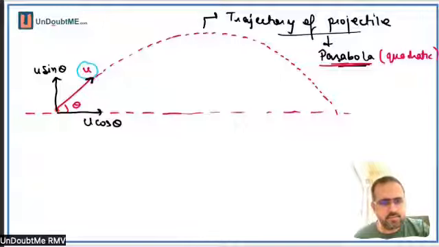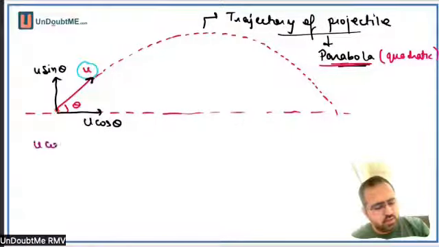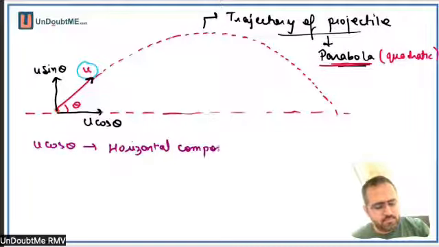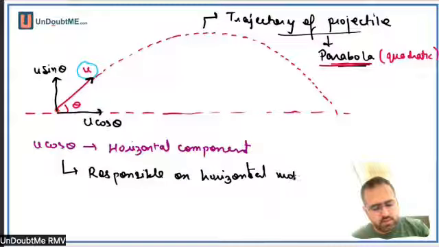Is that clear? So can I write down over here that u cos theta is the horizontal component? It is a horizontal component, and what else? Responsible for horizontal motion.